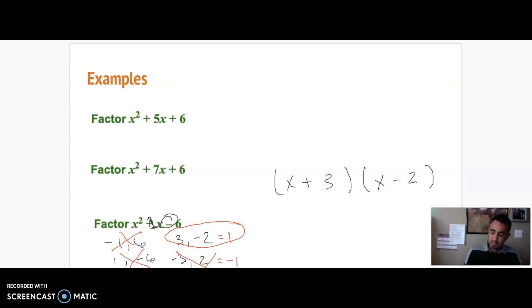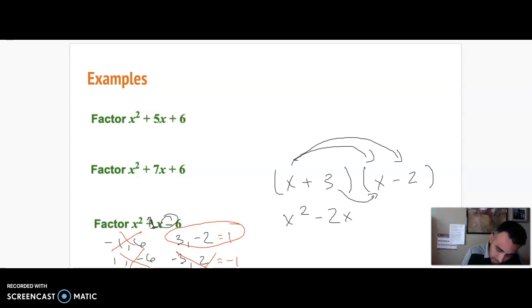All right. So now, gotta see if it works. We're going to FOIL it out. X times x, x squared. X times a negative 2 is a negative 2x. 3 times x is a positive 3x. And 3 times negative 2 is negative 6. Now simplifying, we have x squared.